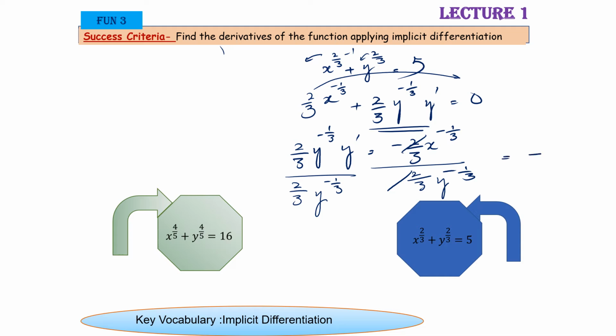You will get negative x to the power negative 1 over 3 divided by y to the power negative 1 over 3. We will shift the places so that we get the variables with positive powers. So finally our answer is negative y to the power 1 over 3 divided by x to the power 1 over 3.